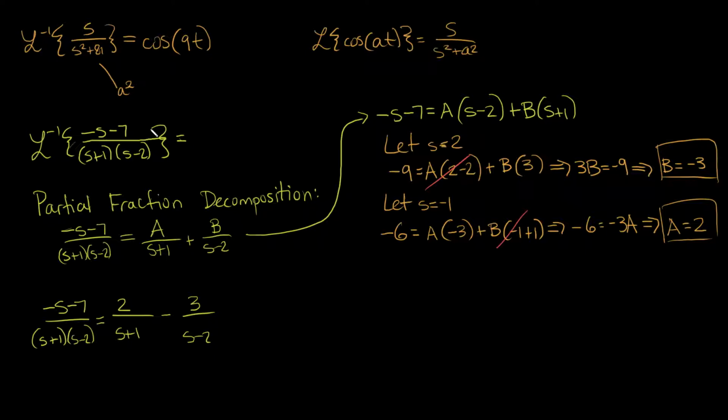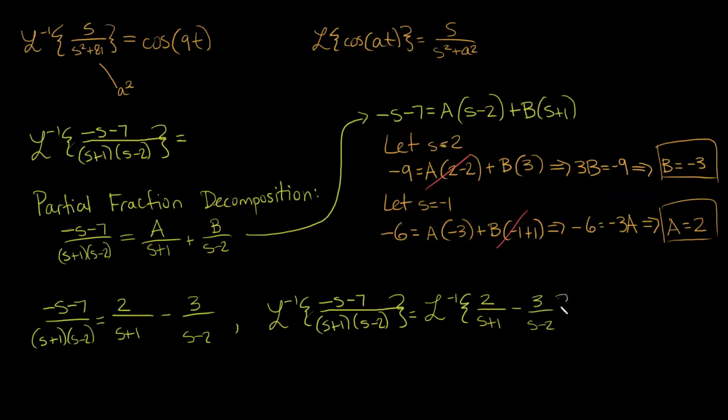If we recall that we were actually trying to solve for the inverse Laplace transform of this, I'm just going to copy this so it's simple. Therefore, the inverse Laplace transform of this entire thing is going to be exactly equivalent to the inverse Laplace transform of this partial fraction decomposition, 2 over s plus 1 minus 3 over s minus 2.